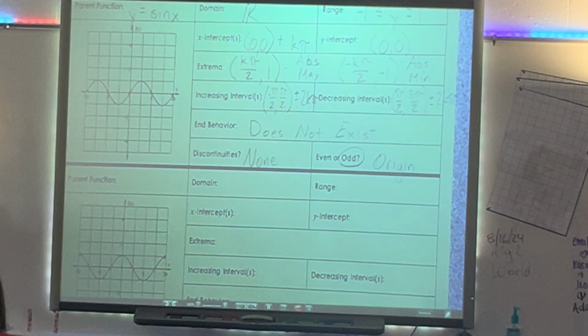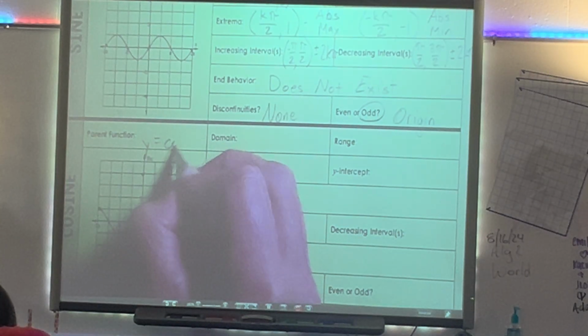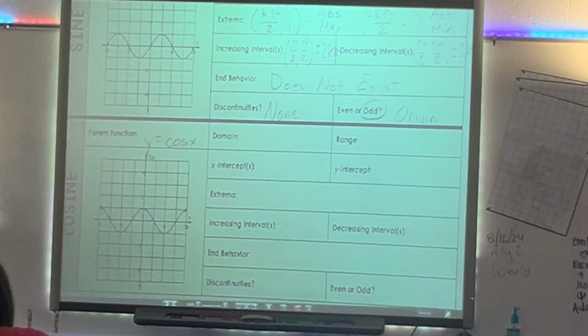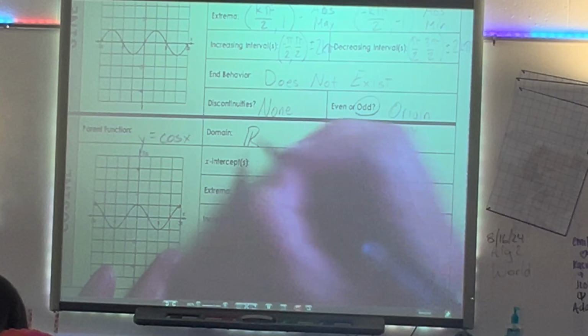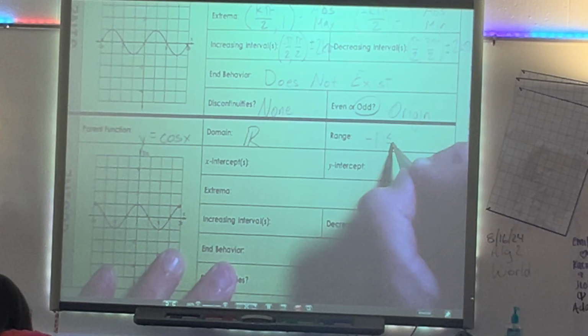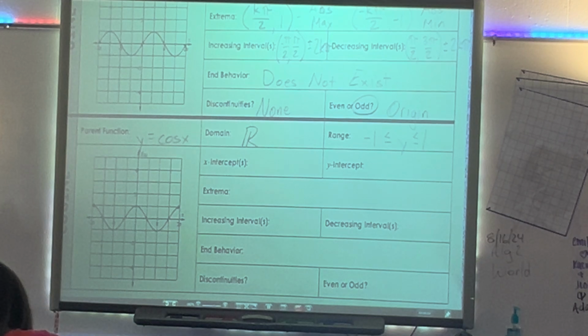Okay, and cosine is pretty similar to that one. So y is equal to cosine x. The cosine function is kind of like the sine function, it's just shifted over a little bit. Domain is also all real, and the range is -1 to +1. So that part's the same. Alright, the x-intercept on this one, the first one's not at 0, 0.